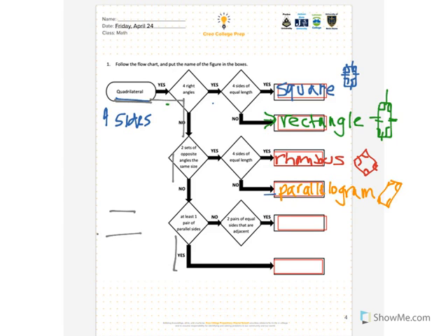So if we say yes, at least 1 pair of parallel sides, what shape would that be that only has 1 pair of parallel sides? You'd be thinking, oh, like a trapezoid. A trapezoid has at least 1 pair. So right here, we have a trapezoid. It could have more, but it doesn't have to. And in this example, it does not. It just has 1 pair of parallel sides.